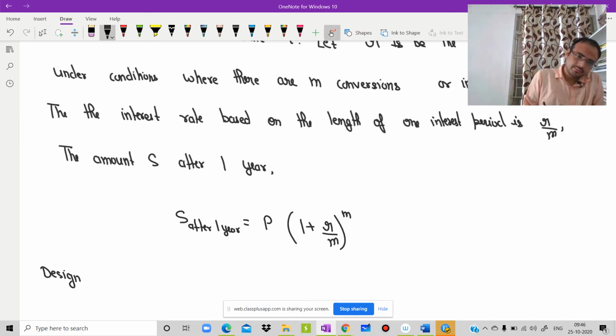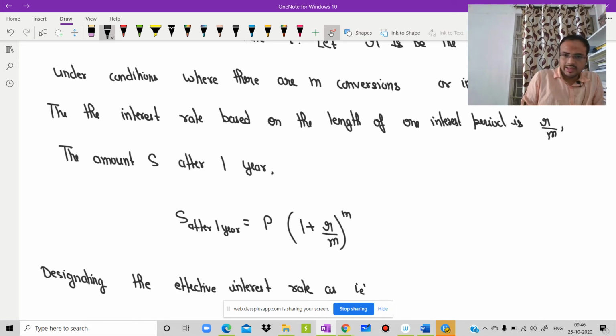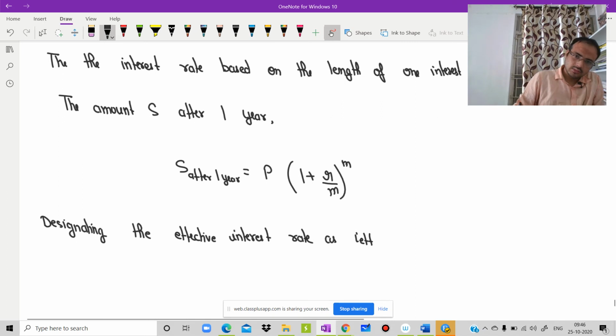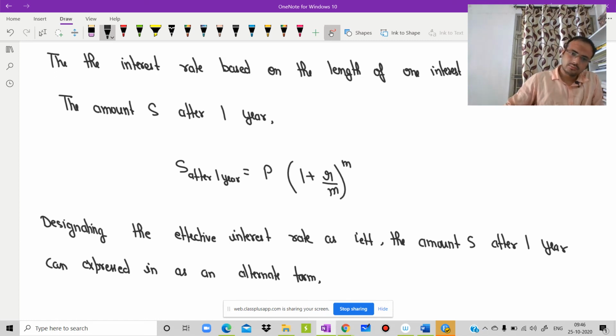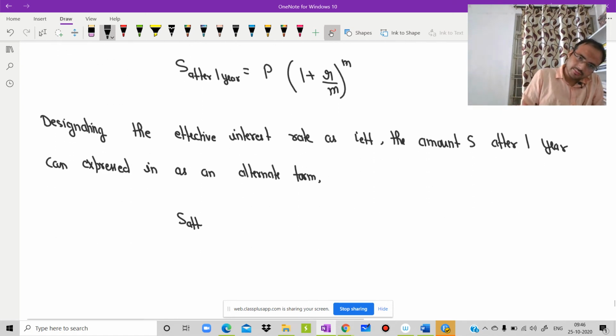But designating the effective interest rate as i effective, the amount S after 1 year can also be expressed in an alternate form, that is S after 1 year = P(1 + i effective).